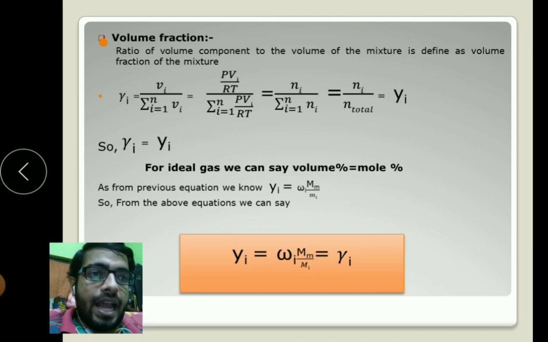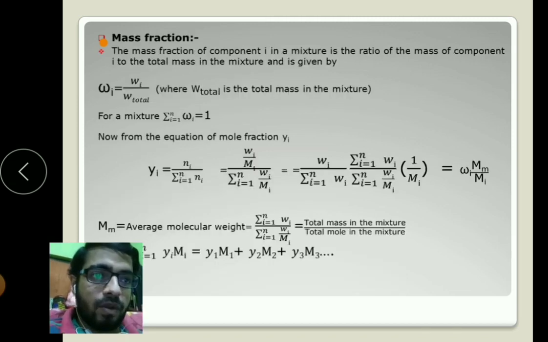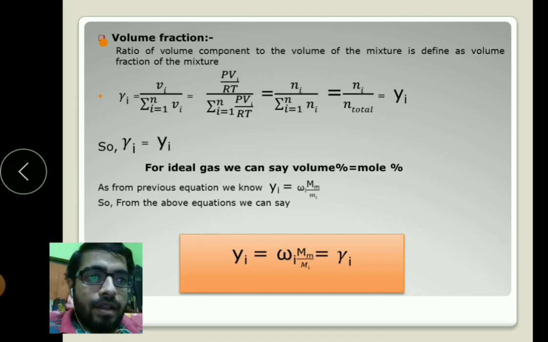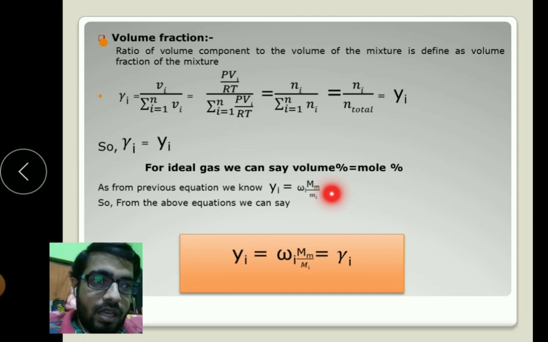And we know from the previous formula that the mole fraction has a relationship with the mass fraction. So combining these, we get the formula which is required in the problems and examples.